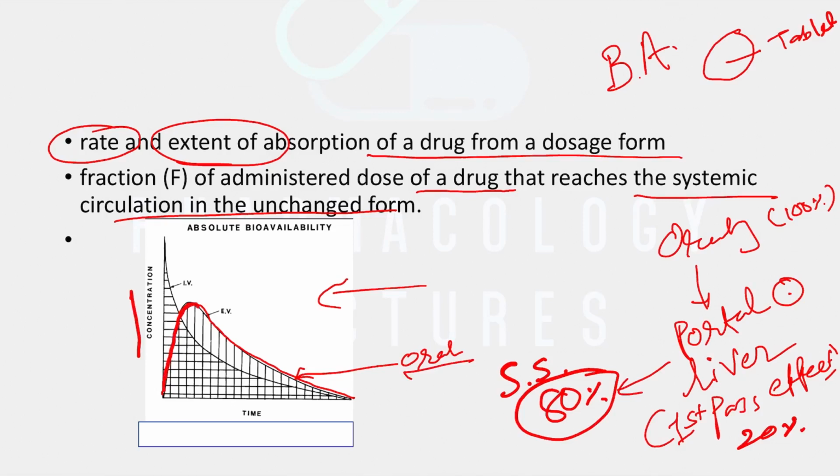Eventually it reaches a state from where the drug concentration decreases because of metabolism and eventually excretion. But what if you introduce the drug intravenously? Then the concentration would be pretty high and eventually it decreases because of metabolism and excretion. So this is the graph of intravenous administration, and this is the graph after oral administration.